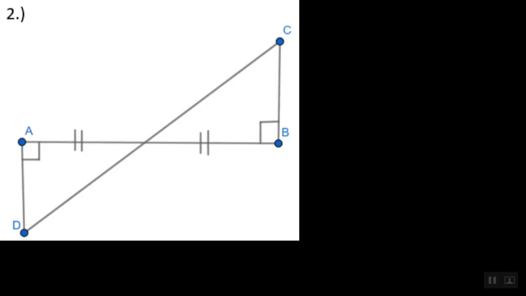Okay, so let's take a look at this one right here. So, I see first an angle, and we could say it is a right angle. Maybe that's important. We also see a side. And wait a second, in order to prove triangles congruent, we need at least 3 pieces of information.